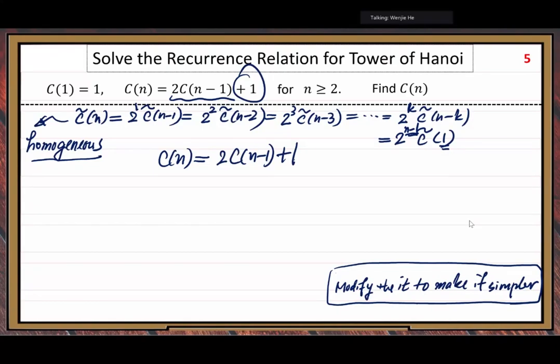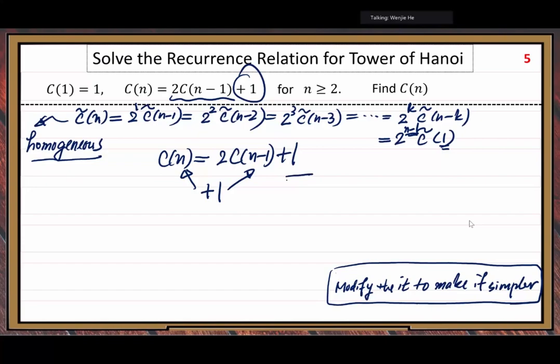Think about it. We can add one to both sides. How about that? This operation, both sides, we add one. We can make that plus one disappear. Why?